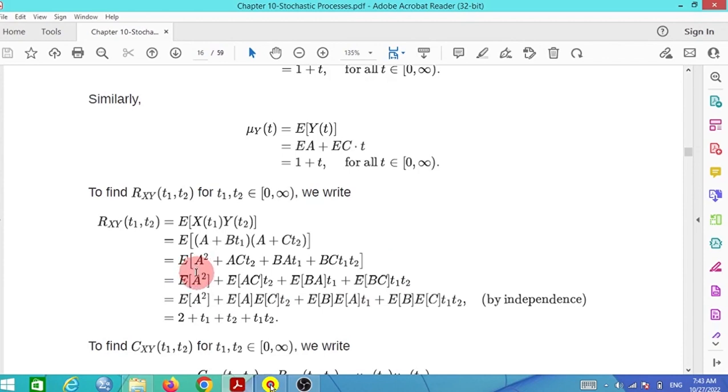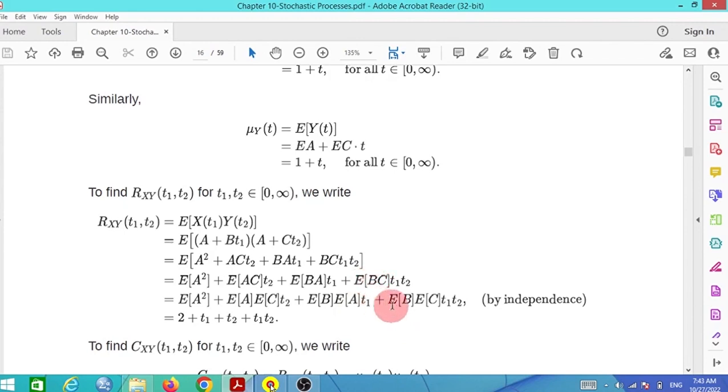So this is the expected value of A squared. A and C are independent. The expected value of a product equals the product of expected values. B and A are independent. The expected value of a product equals the product of expected values.